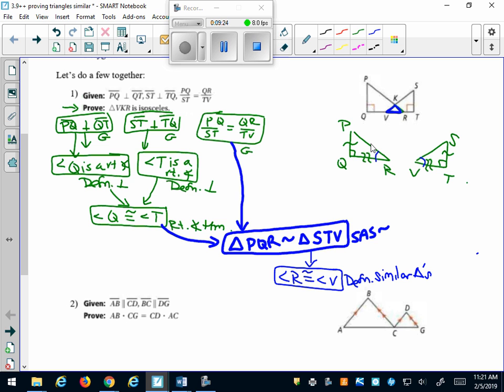Well, if R is congruent to V, in our original diagram here, that's these two angles. Do you see how that might help us to say that that little triangle is isosceles? What would we have to say next? Can I go straight to saying they're isosceles? What do we have to say first?